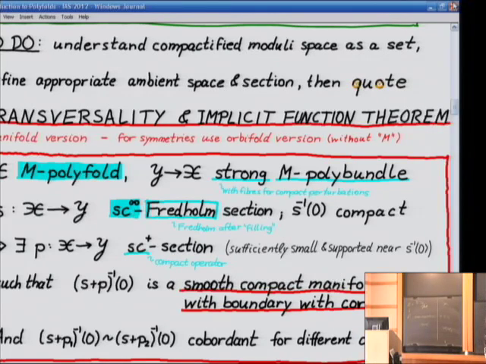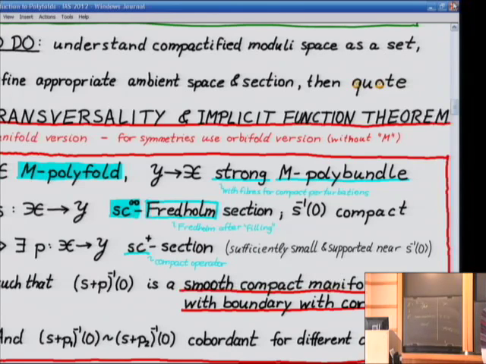So we really need to understand this compactified moduli space, because this is the one we're going to write as S inverse of 0. And then we need to make an ambient space X, and write the compactified moduli space as this 0 set.